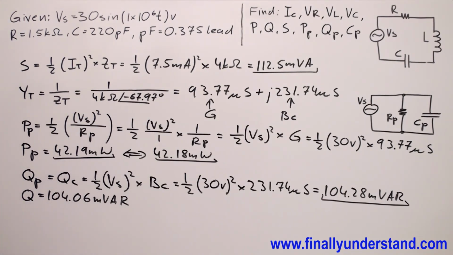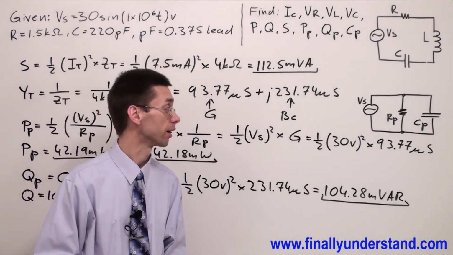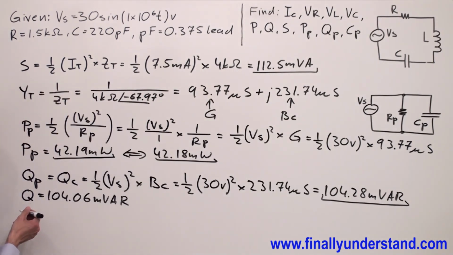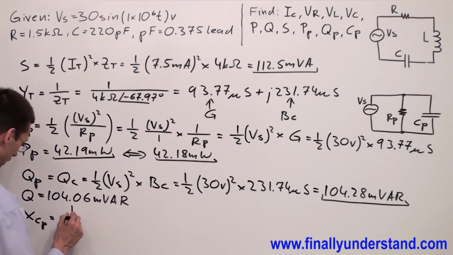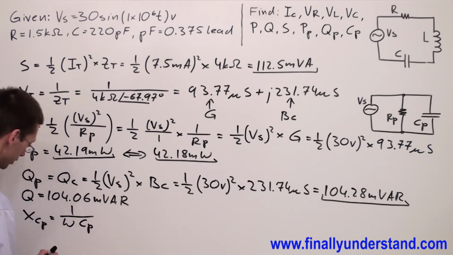Now we can find the capacitance in the parallel equivalent circuit. In order to do so, I'm going to use the formula for the capacitive reactance. So I have X of C in my parallel circuit is equal to 1 over omega C in my parallel circuit.